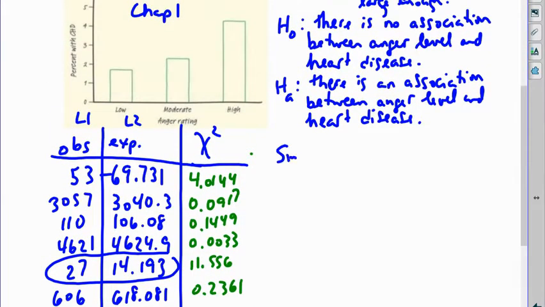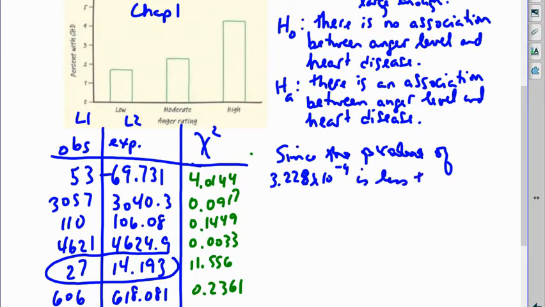Since the p-value of 3.228 times 10 to the negative 4, I mean, really, we could just call it 0, is less than alpha equal 0.05.